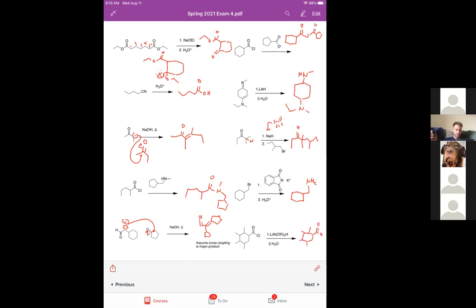There we go. Okay, this page seems a little easier than the fall one. We'll go through a lot of these Claisens and aldols in recitation today to kind of solidify that concept for you guys. Overall, this one looks a little easier to me.